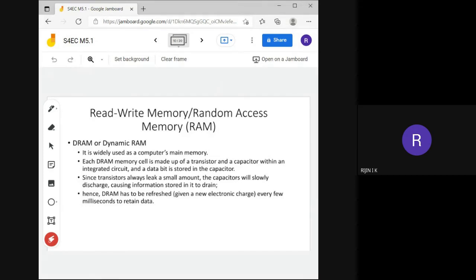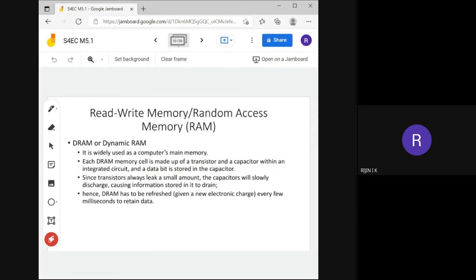And also in DRAM, each DRAM memory cell is made up of a transistor and a capacitor within an IC chip, integrated chip, and the data bit is stored in the capacitor. That means each DRAM cell consists of a transistor and a capacitor within an IC chip.